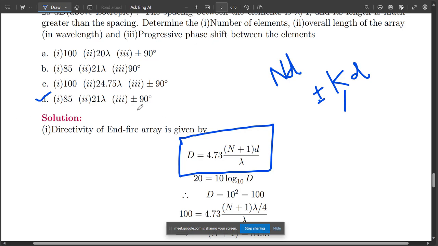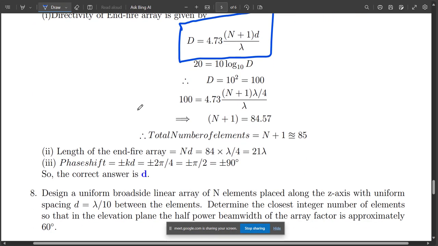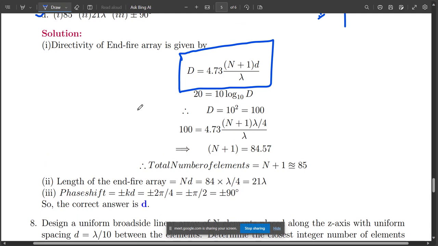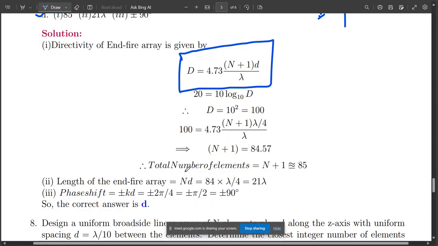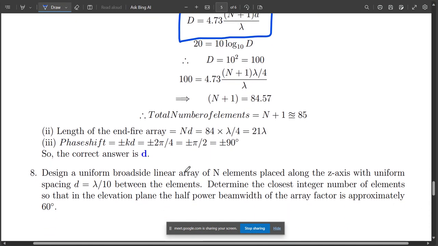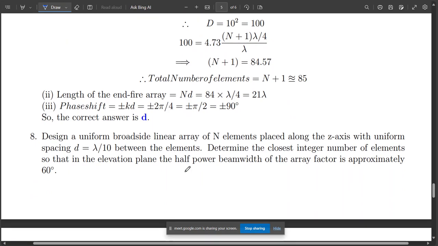Answer D. Anyone has any doubt here? Okay, I will be muting you. There is a little bit of noise, so I have muted you, Ilango. Okay, so let's try to solve the next question then.